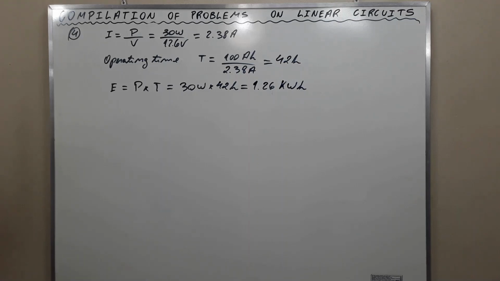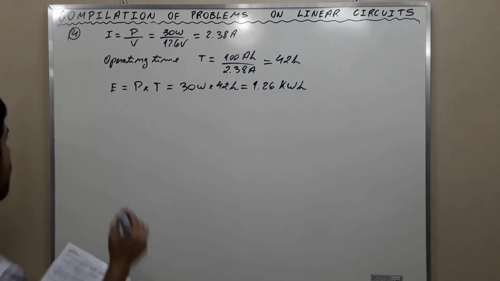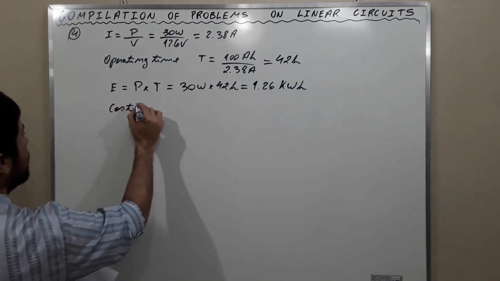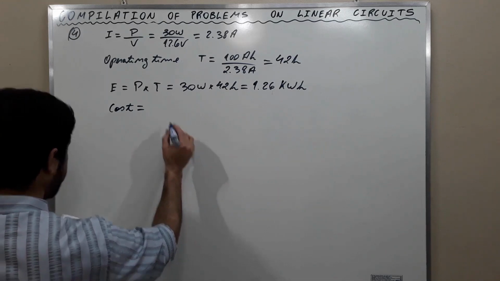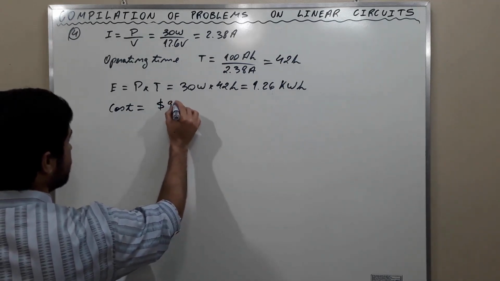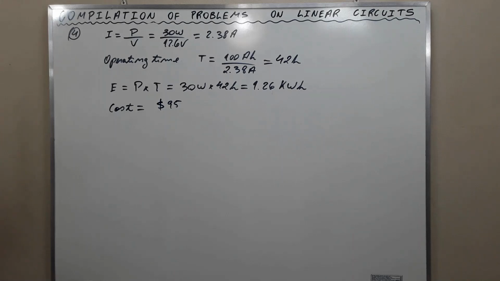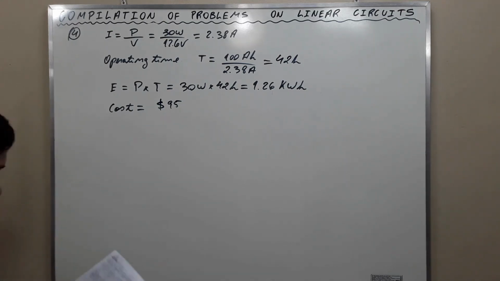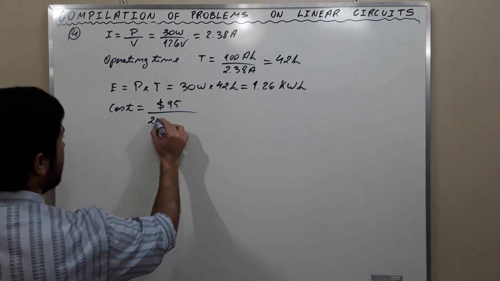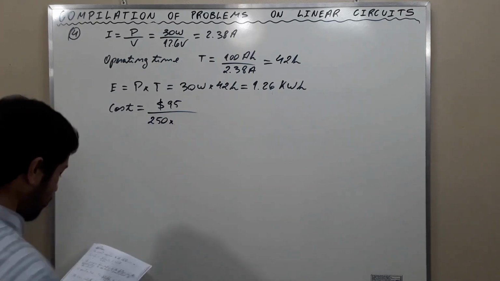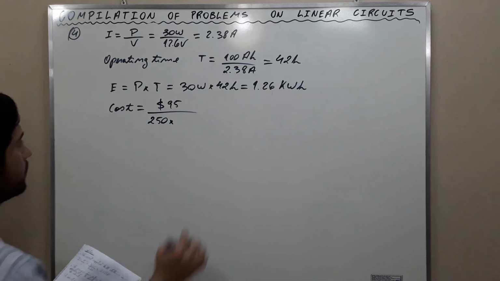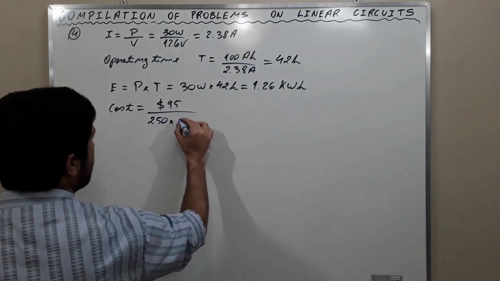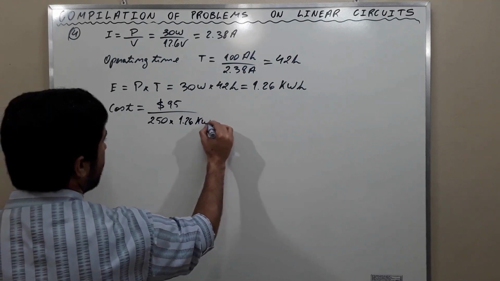And the cost of energy for 250 cycles. The cost is equal to the price of the battery. The exercise said that the battery cost $95, and we have 250 cycles divided by the amount of energy, 1.26 kilowatt hour.